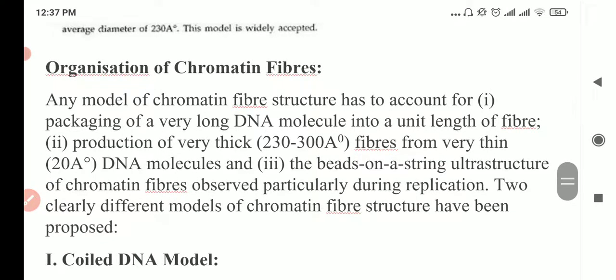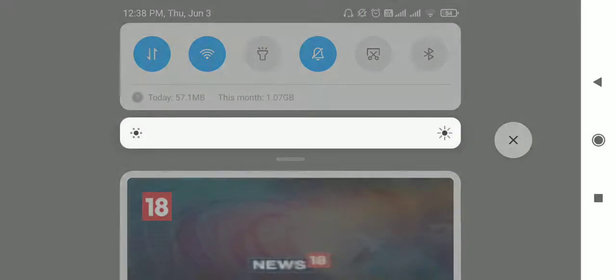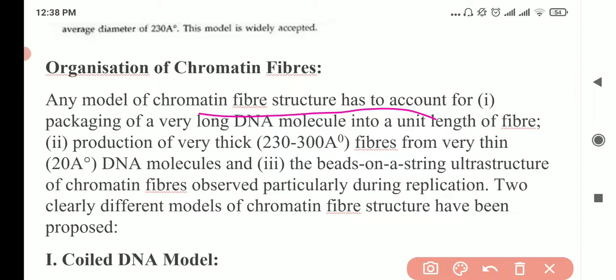The organization of chromatin fibers: any model of chromatin fiber structure has to account for packaging of a very long DNA molecule into a unit length of fiber, production of very thick fibers from a very thin DNA molecule, and the beads on a string ultrastructure of chromatin fiber observed during replication. So how they organize is this: number one, I told you DNA is very long, from here to the moon if you stretch it.